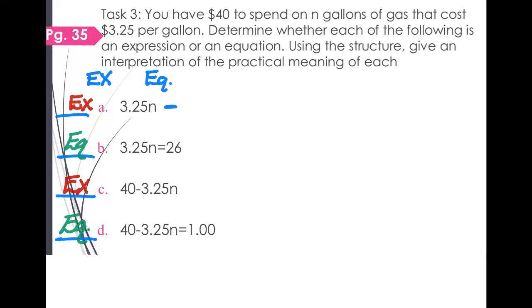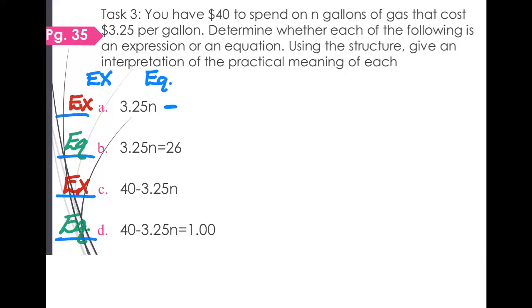Yes, but my product, which is 3.25n, you're right, it is the price of the gas times n number of gallons, but what is that specifically? Sajin, what are you thinking? I just thought it was like the price per gallon, and then N represented however many gallons there are.